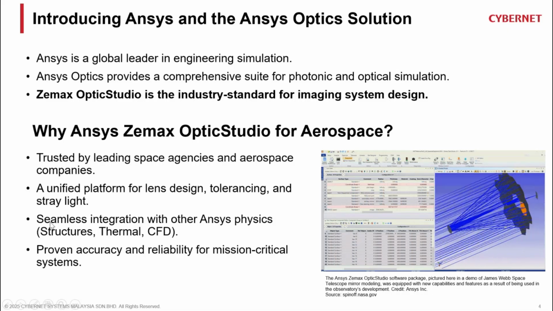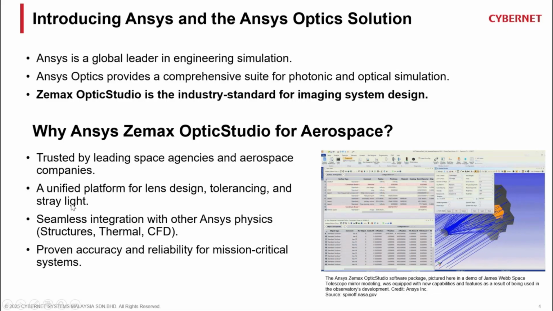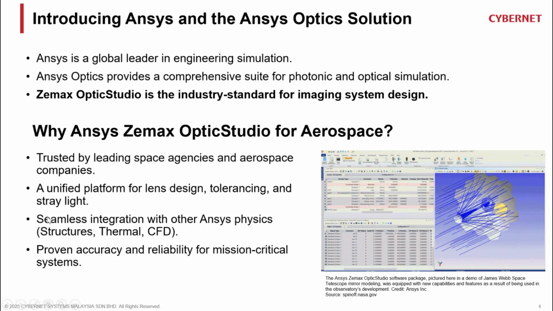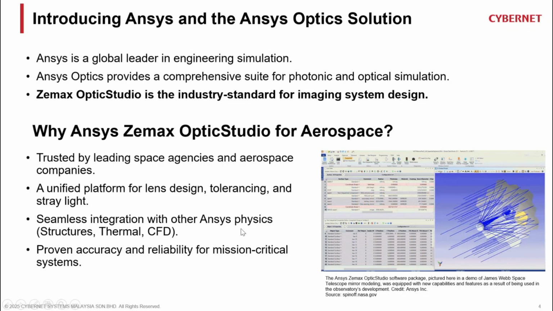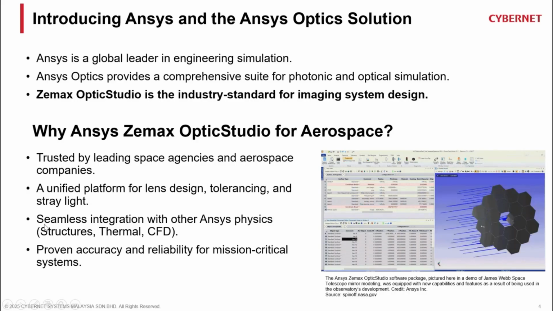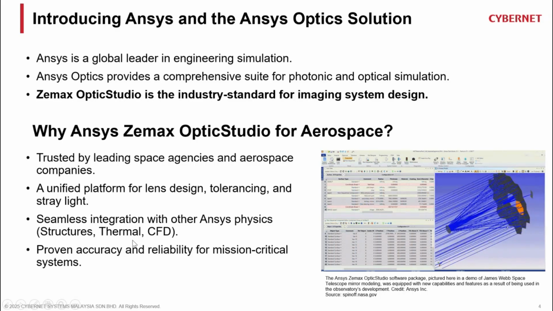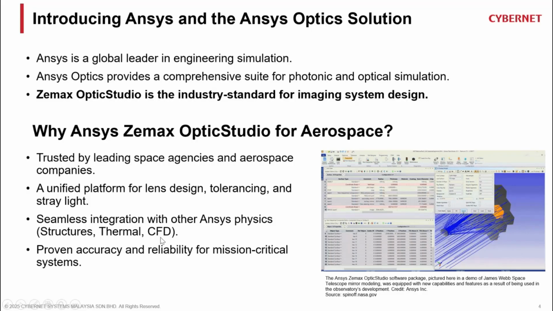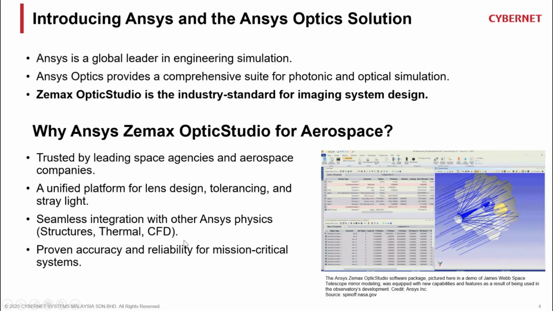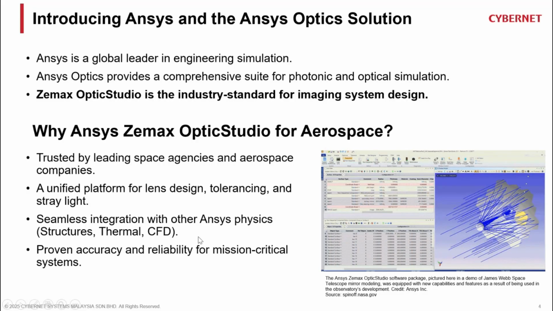Besides the stray light and all these analysis tools, we also have seamless integration with other Ansys physics, for example, structural, thermal, and also fluid CFD. All these results can be combined with the STAR module to simulate the effect of structural deformation, thermal analysis, and fluid effects on our optical performance.